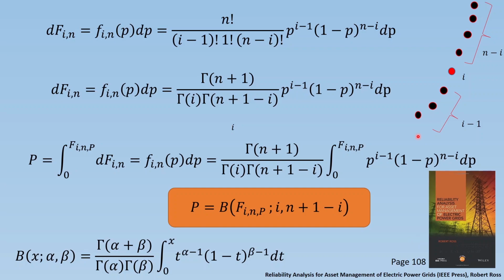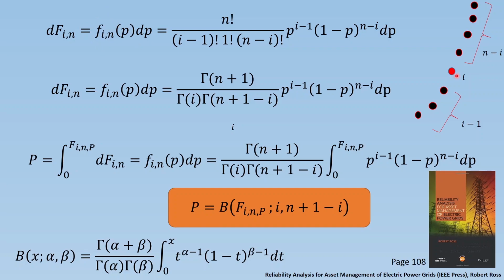Now, the information in this page is from the book of our professor, Professor Rob Rose, Reliability Analysis for Asset Management of Electric Power Grid, page 108. If you want to read more, you can get this book. Okay, so let us assume that we have n samples, and we want to calculate the cumulative distribution function for sample i. In order to do that, first we calculate the probability density function of sample i.